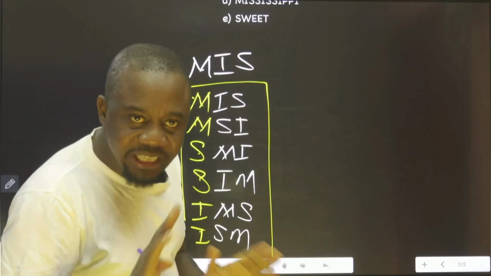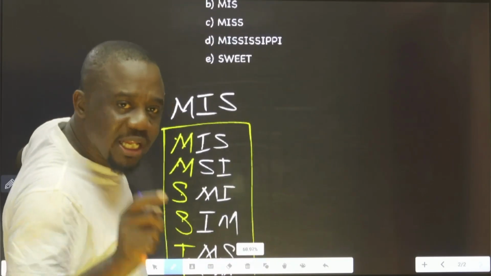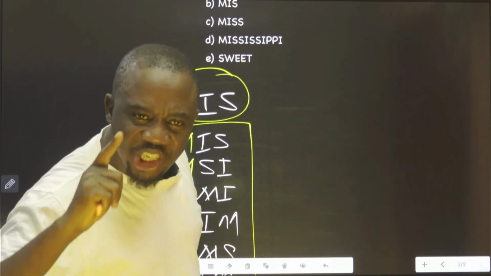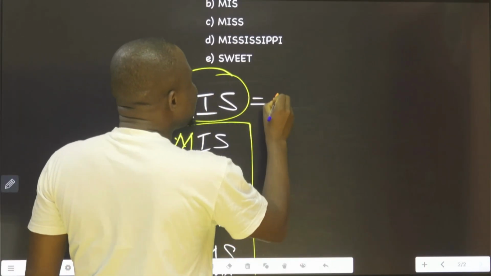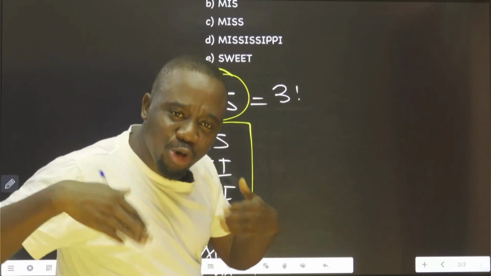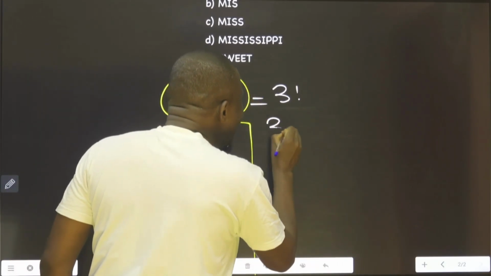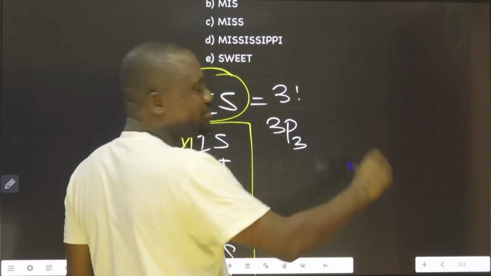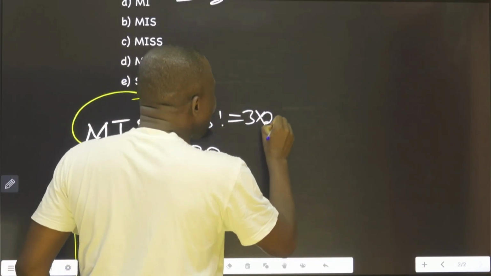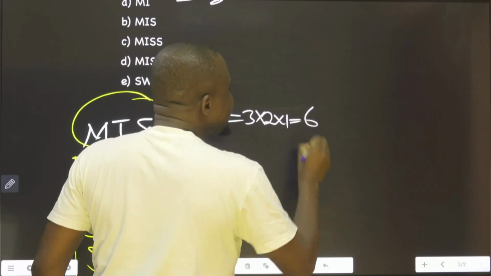Arranging the letters. But you, that is a mathematician, when you see there is no repetition, simply do 3 factorial. Or, if you want to follow the long process, 3 permutation 3. So 3 factorial is 3 multiplied by 2 multiplied by 1, which equals 6.